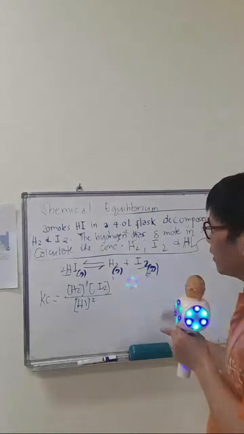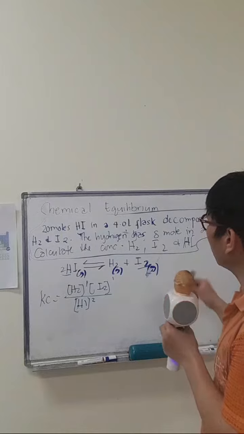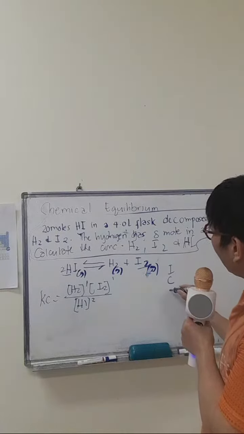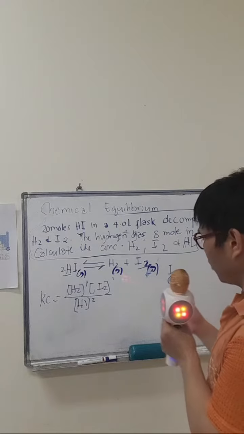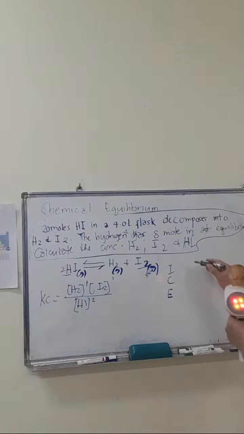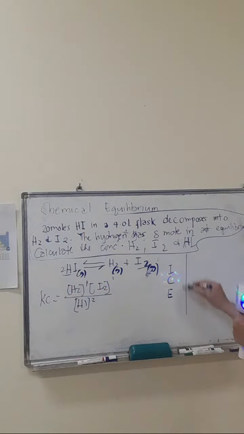Now in this manner, guys, we need the initial, change, and equilibrium, so the ICE technique. Tabulate this: HI, I2, and H2.